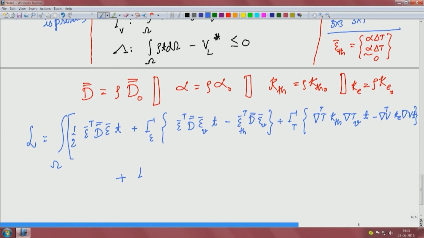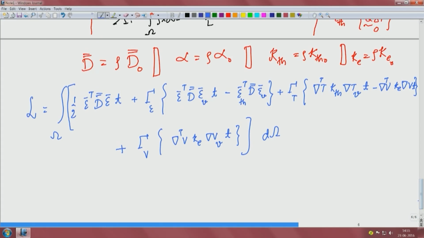And then we have del V gamma V, that will be similar, that is del transpose Ke del V, all of these things d omega. We have put rho everywhere, so that is okay, the d omega.